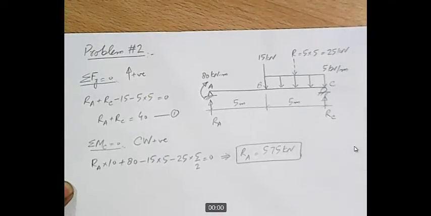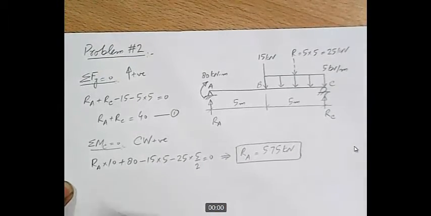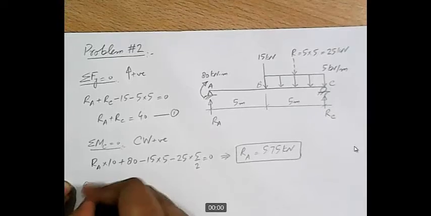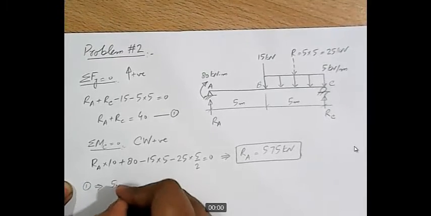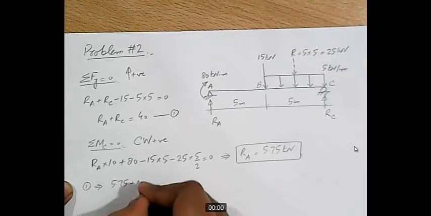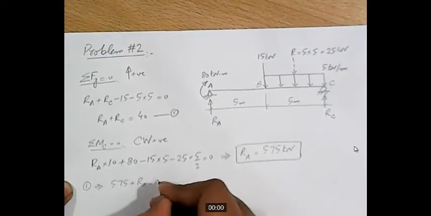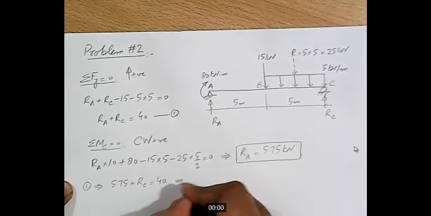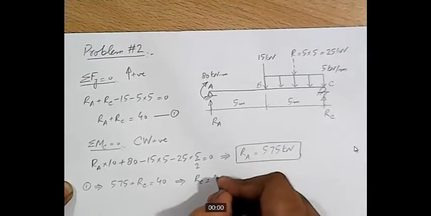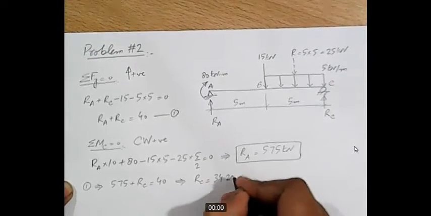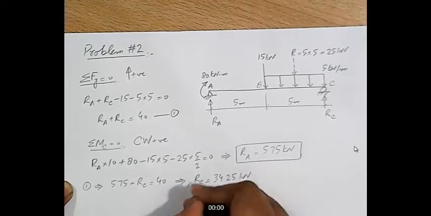Okay, so this is Ra, and if we plug in the value of Ra in equation number 1, we get 5.75 plus RC equal to 40. This implies RC is equal to 34.25 kilonewton.